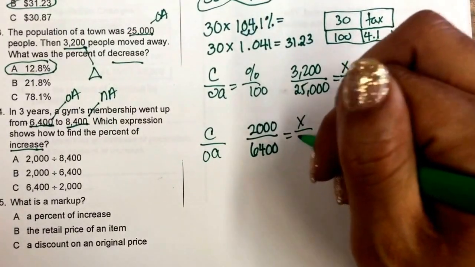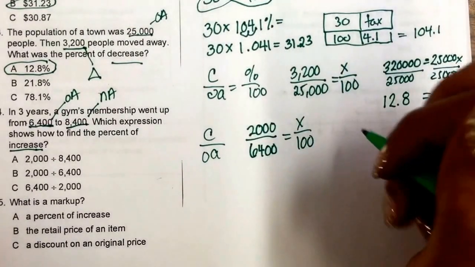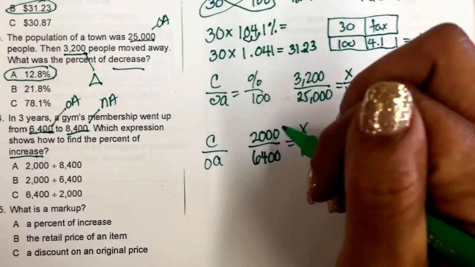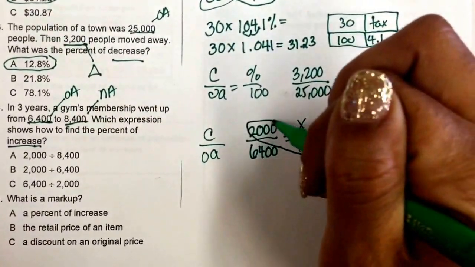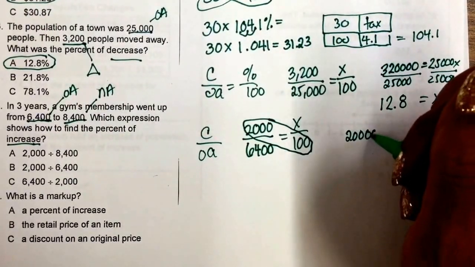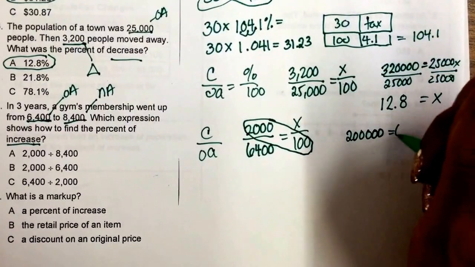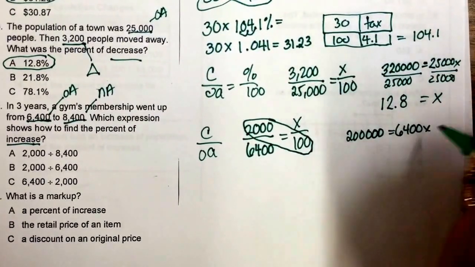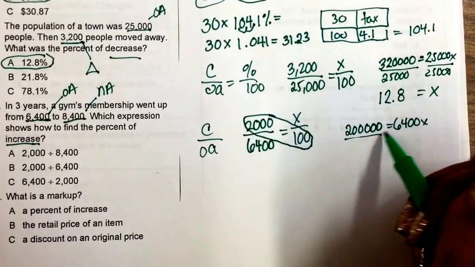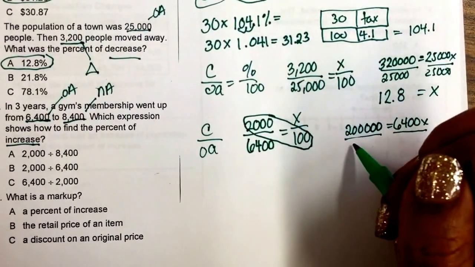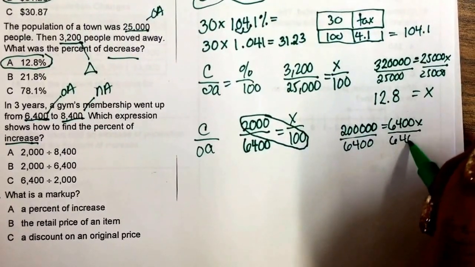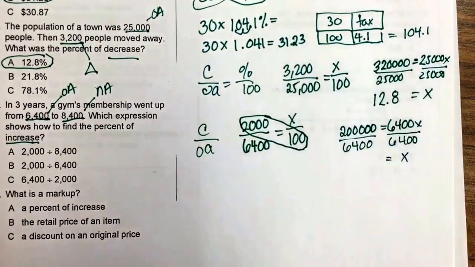And I can figure out x over 100. So again, I'm setting up with my cross multiplying. 2,000 times 100, so I'm going to add 2 more zeros, is equal to 6,400x. And I know eventually I'm going to have to divide this by 6,400 to figure out my x.